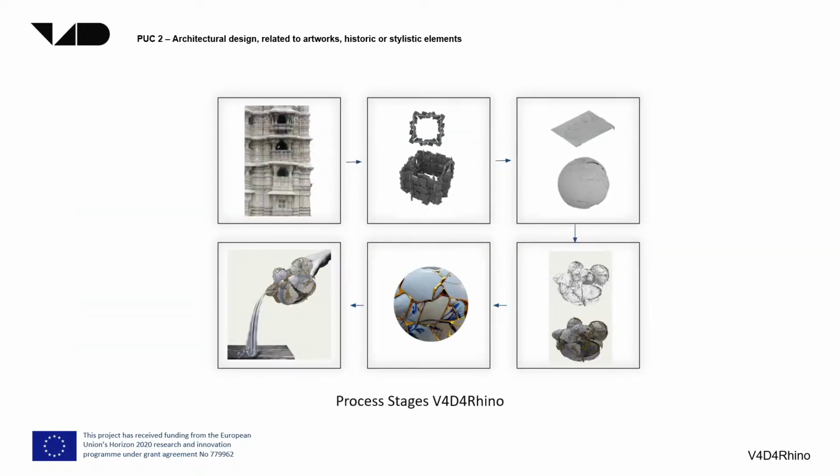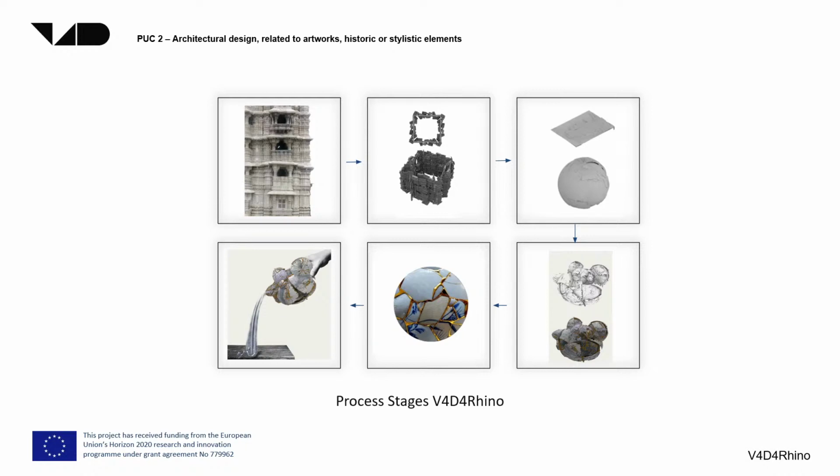So the demo that we're going to show today is about the design process of a teapot. The task for the students was to use the V4Design assets to create a teapot design.